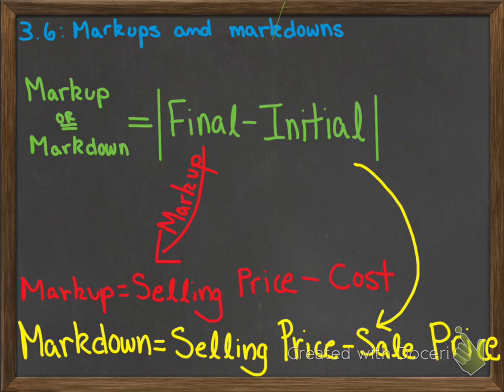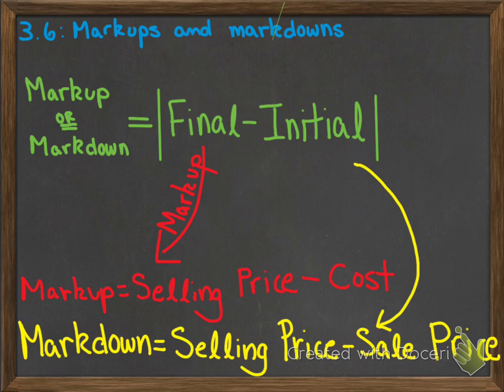So markdown is the amount that they take away or reduce from the selling price, the amount of money that you pay will give you your sale price. Okay, so selling price minus your sale price gives you your markdown. And then conversely, selling price minus markdown gives you your sale price. Okay, so all of this is up here.